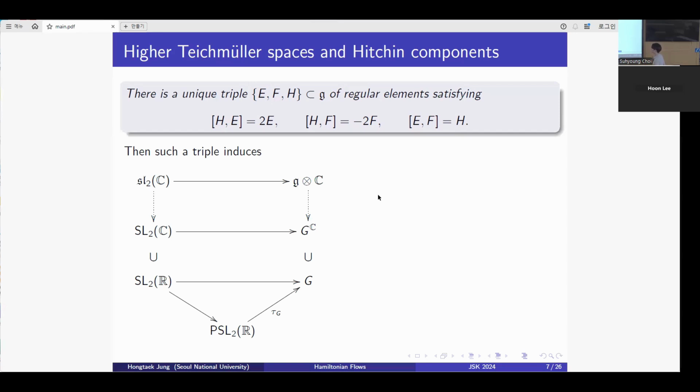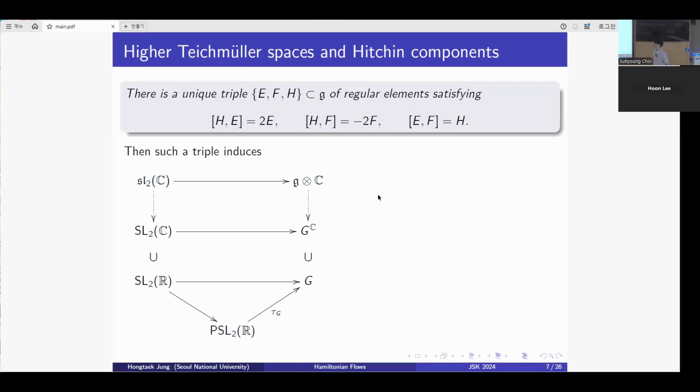And you collect all the real points of this Lie group. Then you have this, and you do the same thing on this. Then you have our original Lie group G, and we have a restricted embedding here. And because G is of adjoint type, this map factors through the PSL2R Lie group, and the induced map from PSL2R to G will be denoted by tau of G.